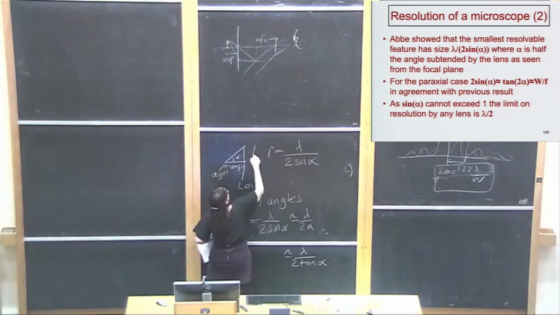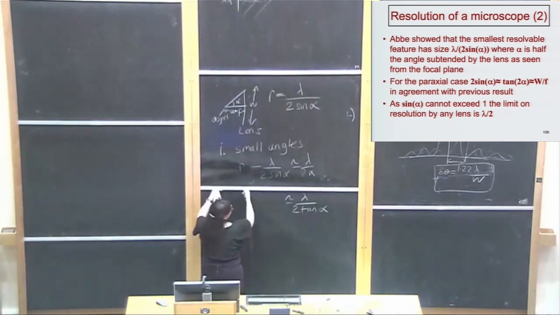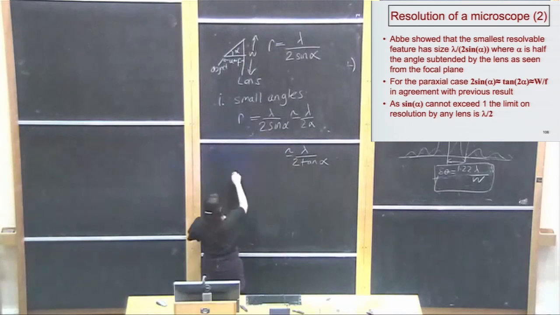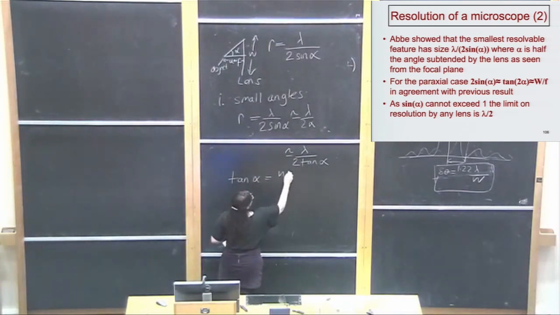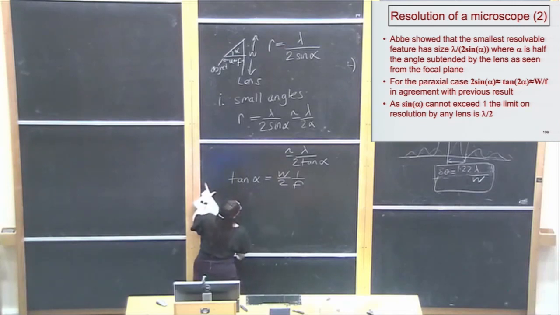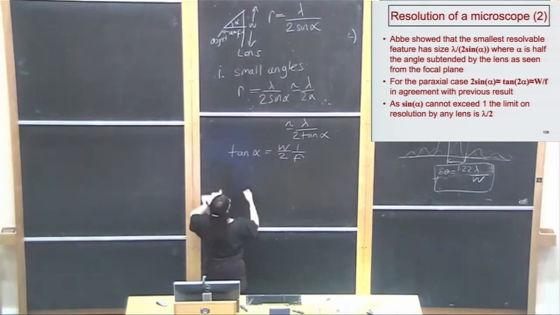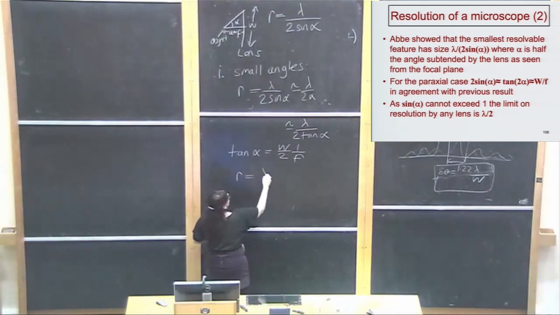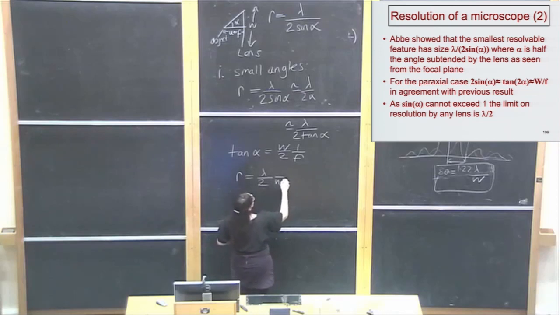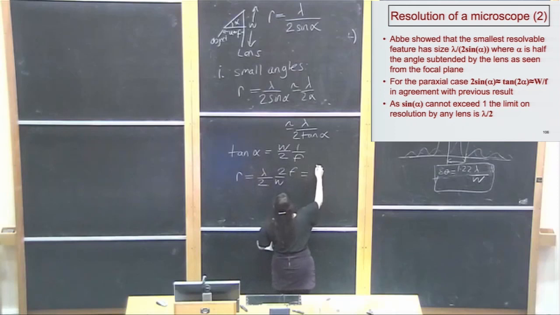And this is the width, this is my lens, so it has a width w. So that means that tan alpha equals w over 2 over f. So R equals lambda over 2, w over 2f, equals basically lambda over wf.